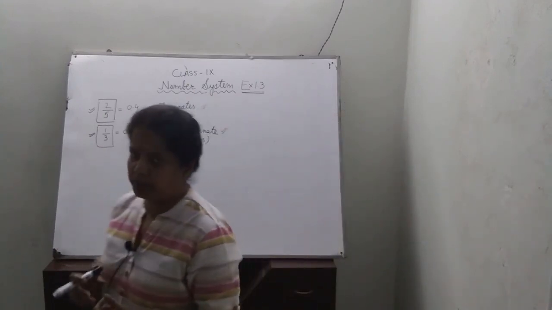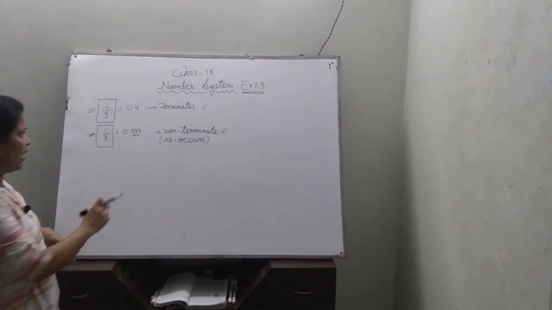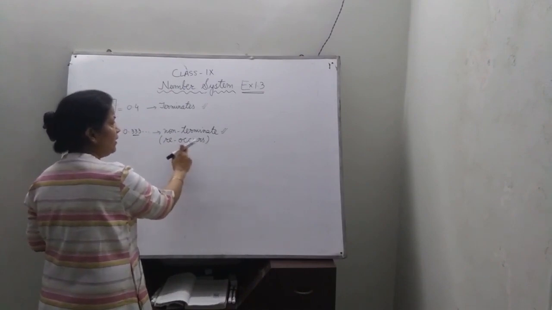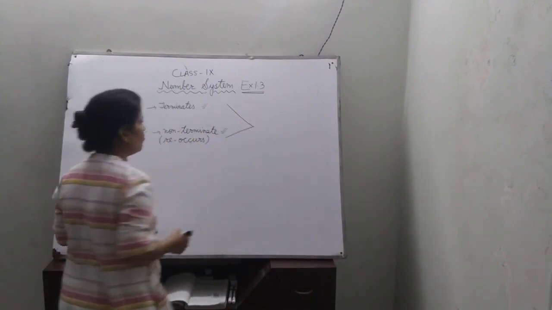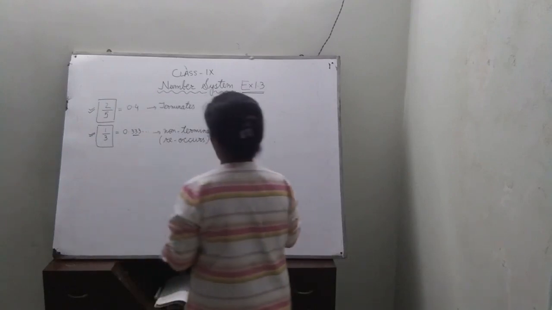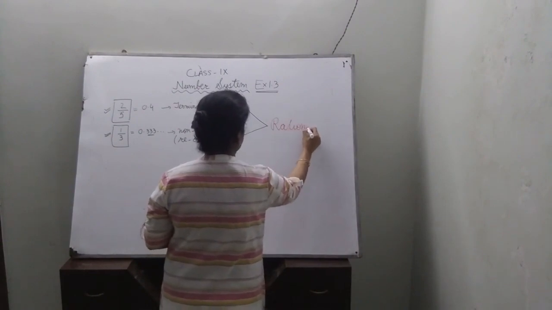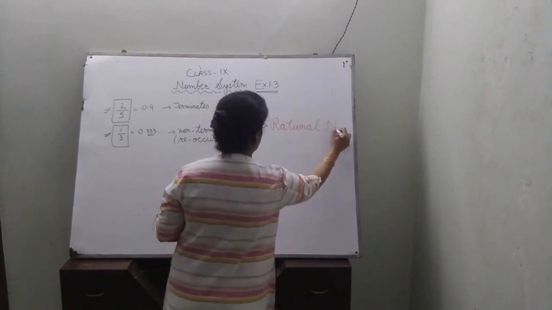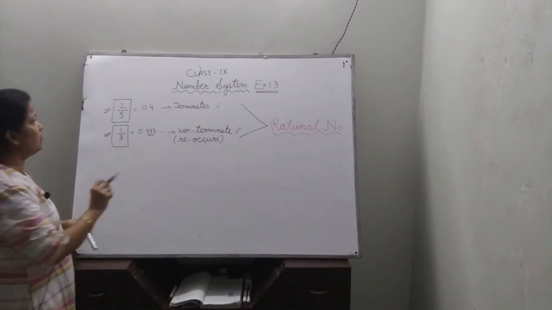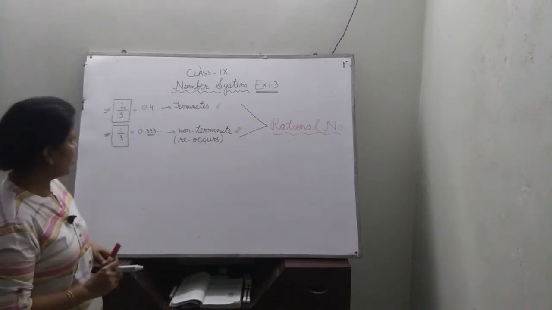Now these types of numbers, where the decimal expansion terminates, and where the decimal expansion does not terminate but reoccurs, both types are called rational numbers. So the first result is: if the remainder terminates, or the remainder comes as 0, that is a rational number.